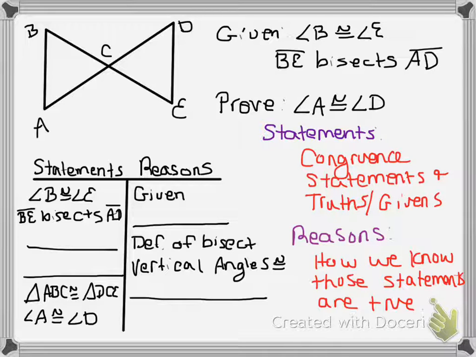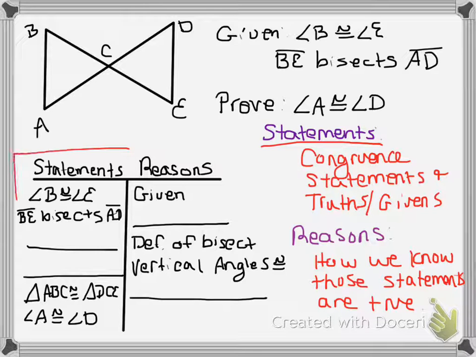Now, before I start, let's talk about the main things that you need to know about these two-column proofs, because I've seen some struggling with this. And that is the idea of what goes in for statements and what goes in for reasons. Statements are where you put your congruent statements and the things that you know to be true and the things that are given.